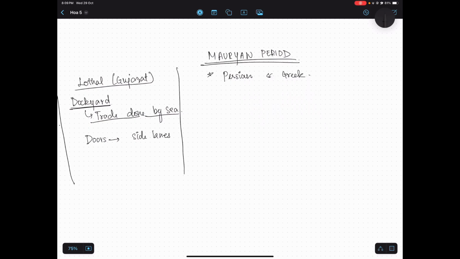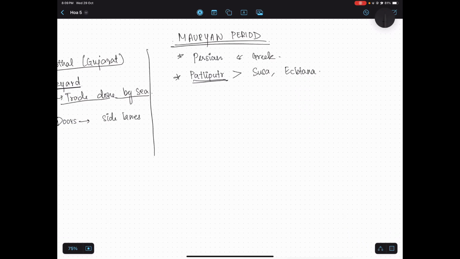The capital of the Mauryan Empire, Pataliputra, was said to be much more grand than the Persian cities like Susa and Ecbatana. And most of this influence can be seen in their columns as well.